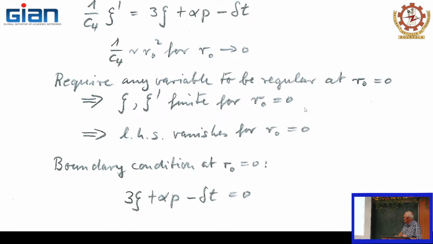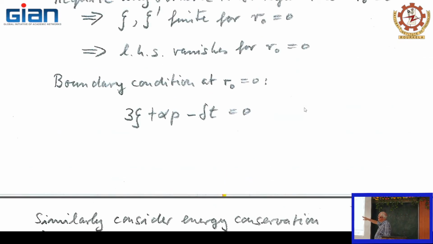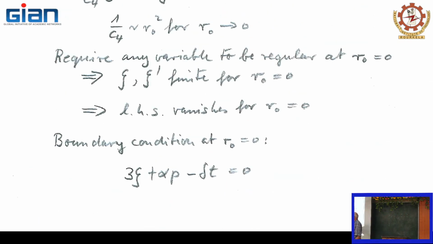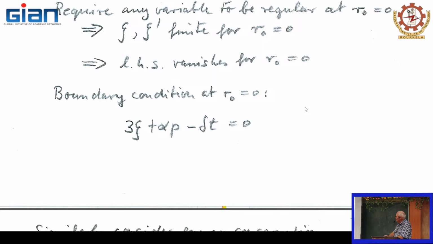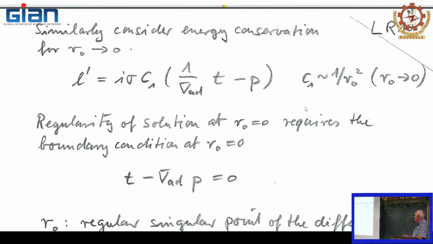So one of the regularity conditions was 3 theta plus alpha p minus delta t equal to 0, and the next one comes from the next equation where we have a diverging coefficient. This is the energy equation given here.